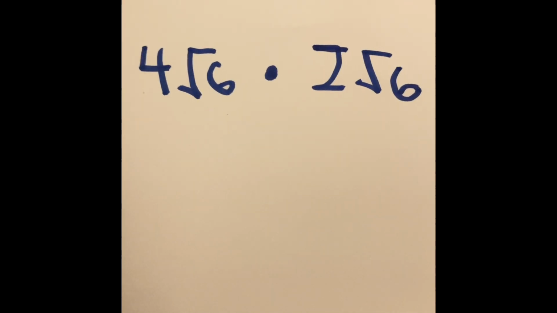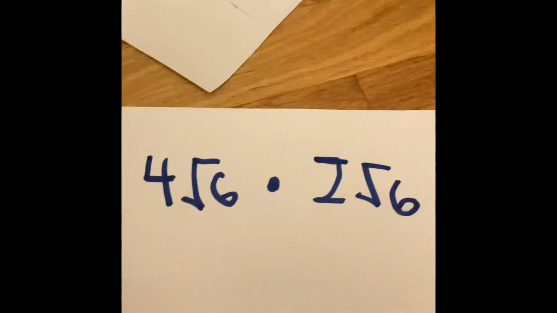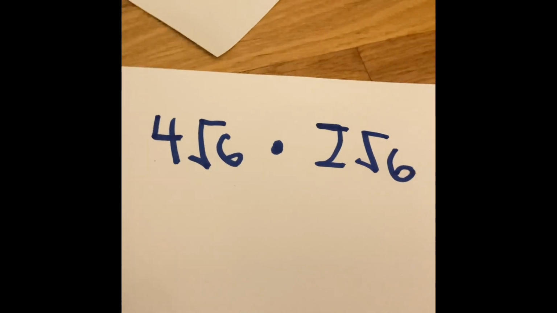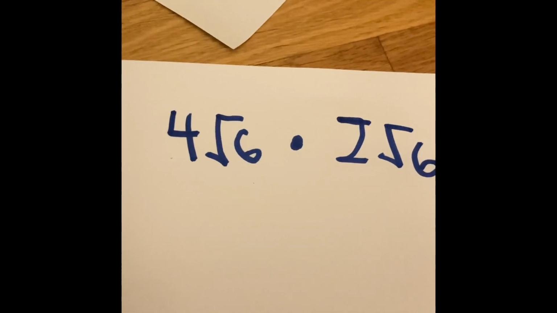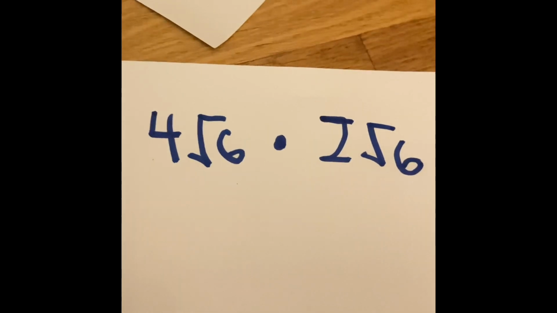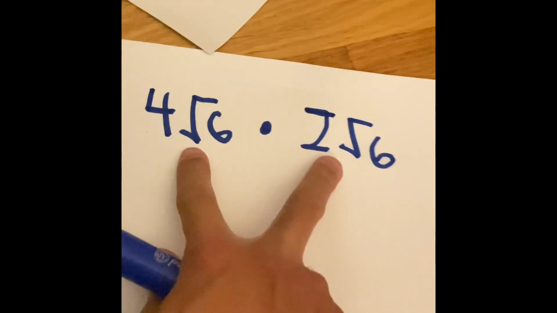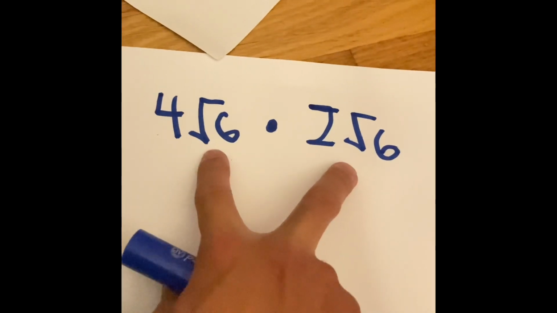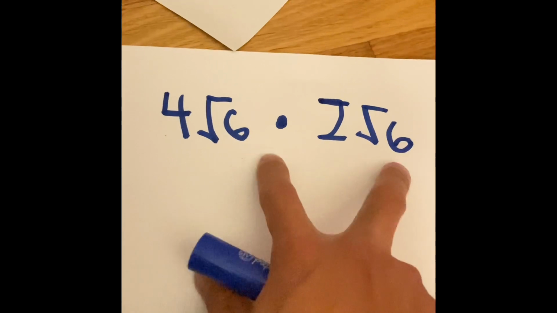But this one is similar, because we can use a special shortcut to get to our answer. Do you remember in the past video, when we were adding and subtracting the radicals, we could add them since they have multipliers in front of the radicals but the same number inside the square root, which is called the radicand?